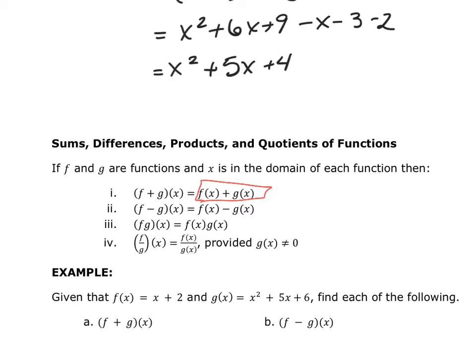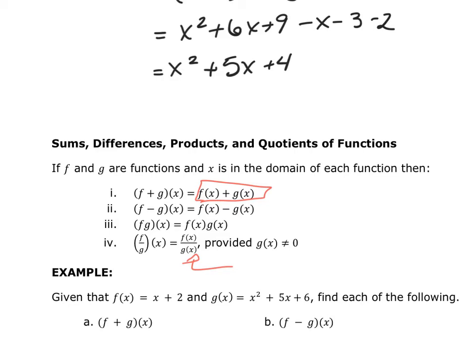If I see fg of x, that just means I'm going to multiply the two. I'm going to take my f function and multiply it by my g function. And if I see f divided by g of x, then I'm asked to just divide the two, provided that my g function, whatever I'm dividing by, does not make that undefined because I'm dividing by 0.